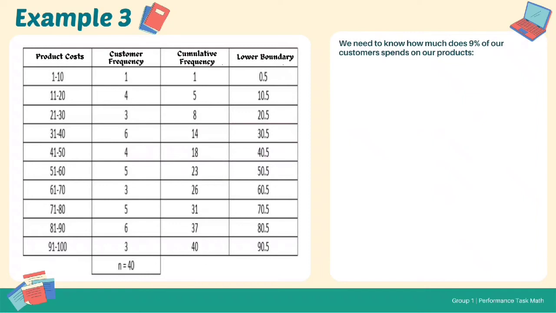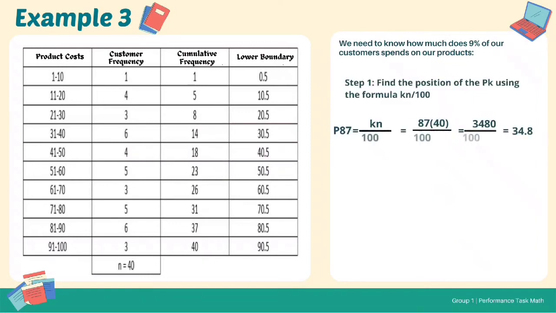Lastly, the third example, we need to find the P87. Following our first step, we need to find the position of the P sub k using the formula kn over 100. P sub 87 is equal to kn over 100, which is substituted to 87 multiplied by 40 divided by 100.